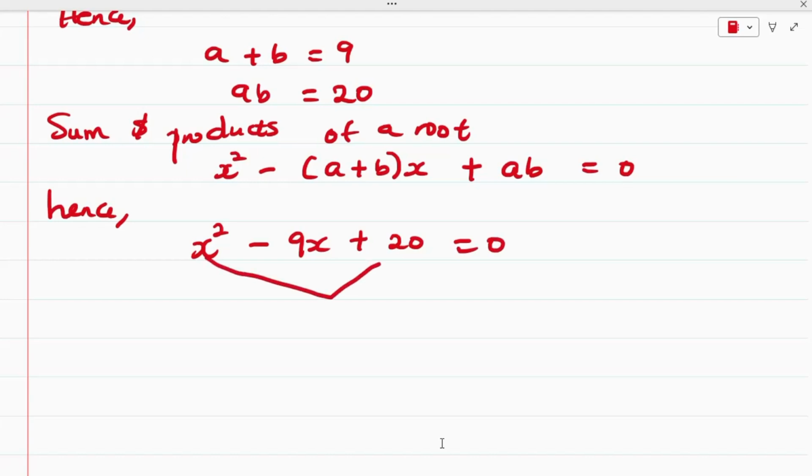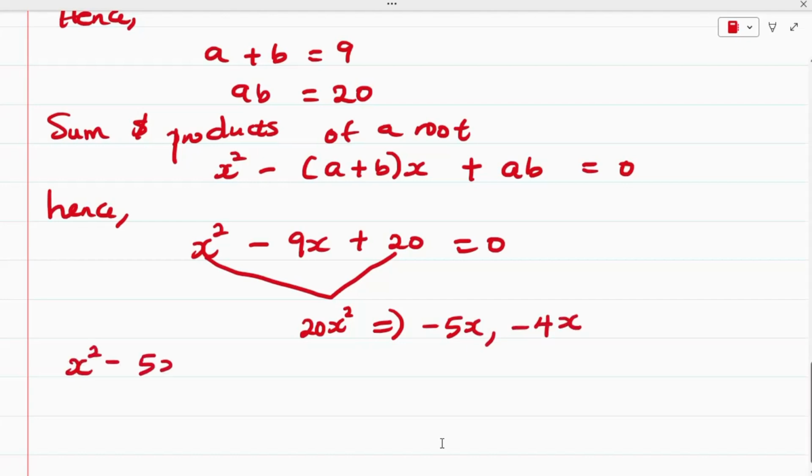So if we simply factor this, we have x squared minus 9x plus 20. So think of numbers that when you multiply will give us 20, and when you add will give us 9. We have those numbers to be minus 5x and minus 4x. So we have this to be x squared minus 5x minus 4x plus 20 is equal to 0. Factor out, we have x to be common, so we have x minus 5.